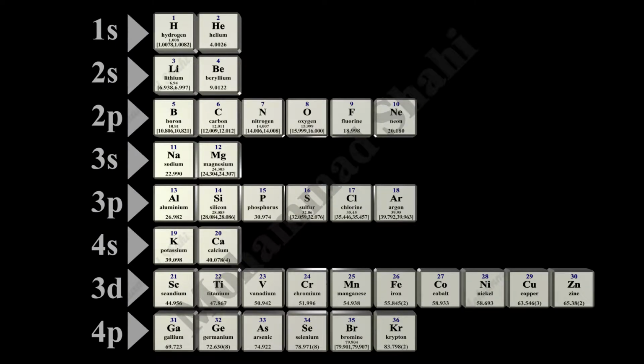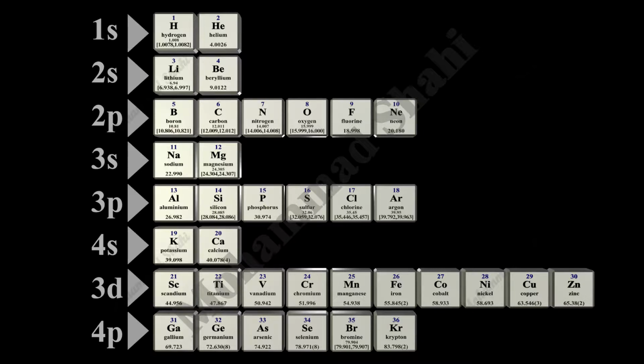Based on such discussions, it is easier to guess or understand the outcome. At first, the 1s subshell is filled, where its filling is associated with two elements, hydrogen and helium, with atomic numbers 1 and 2 respectively.